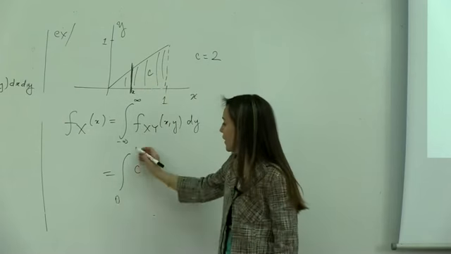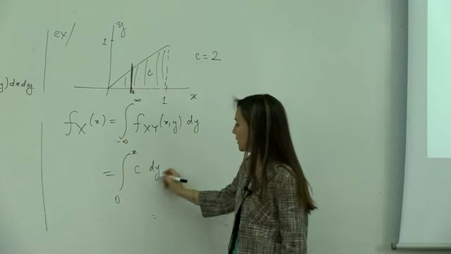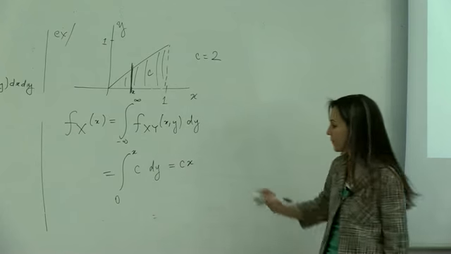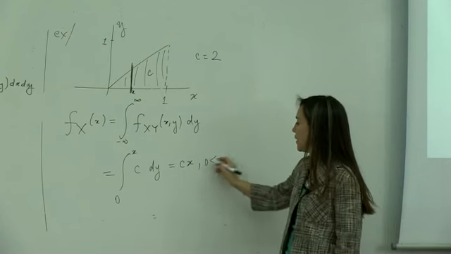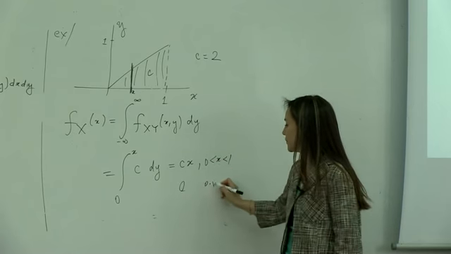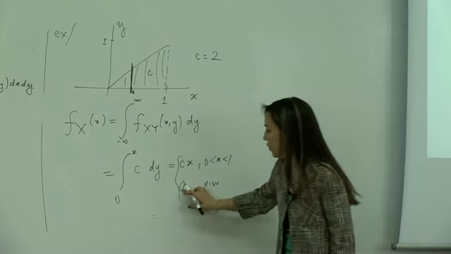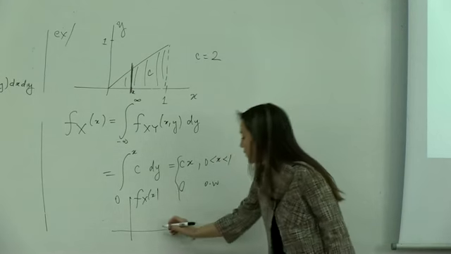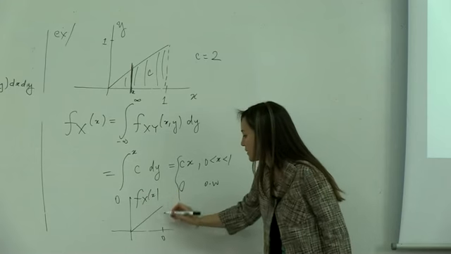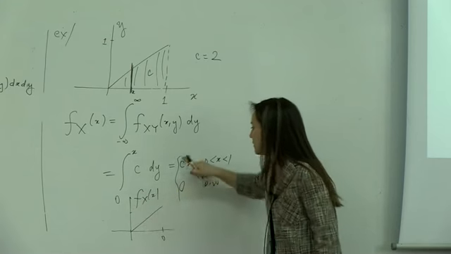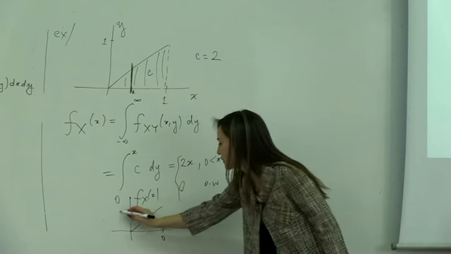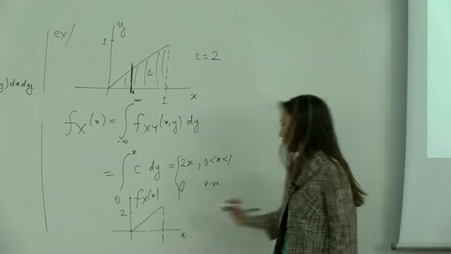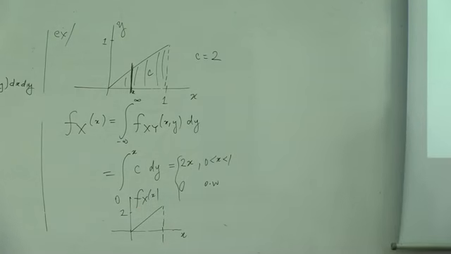So from 0 to x, c times dy, and that is cx, provided x is between 0 and 1 and 0 otherwise. Right? So that's f_X of x. It looks like this: 2x. Okay, that's the marginal of x.